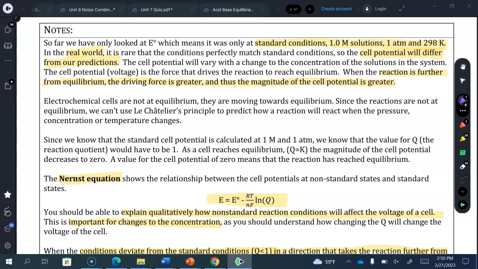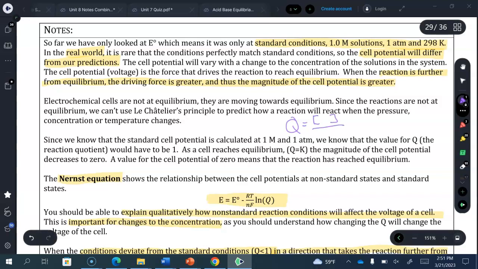Since we know that the standard cell potential is calculated at 1 molar, 1 atmosphere, we know that the value for Q, or the reaction quotient, would have to be 1, because everything's 1. And so remember that Q is the concentration or the pressure of all of them raised to their exponent.